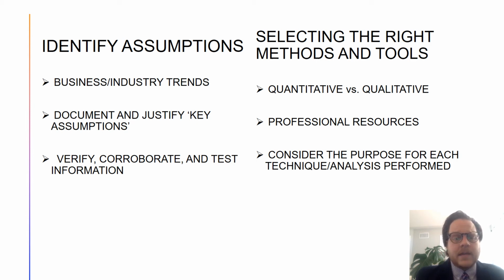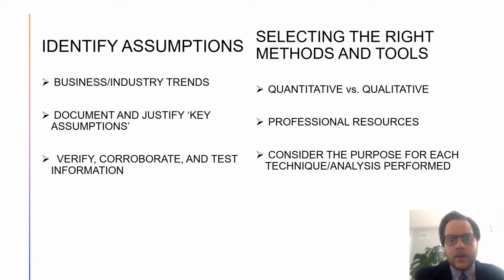And then lastly, you want to verify, corroborate, and test information. And again, this goes back to stakeholder preferences. Generally speaking, the shareholders will expect to see profitability or growth. So generally, the information that they're going to give you is going to support that theory.